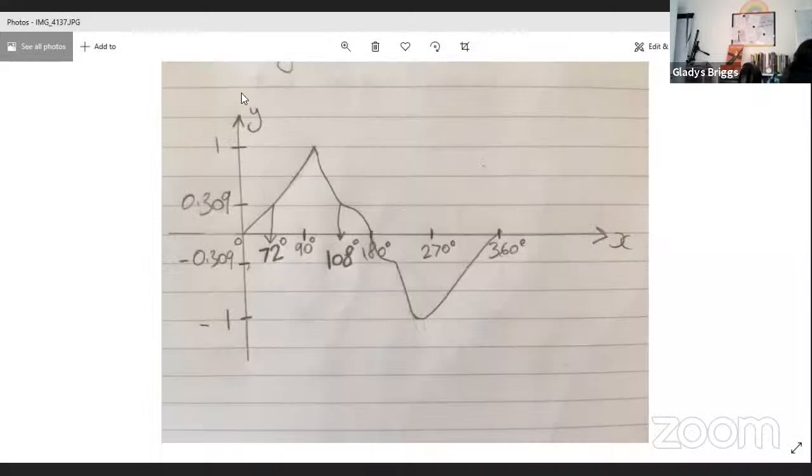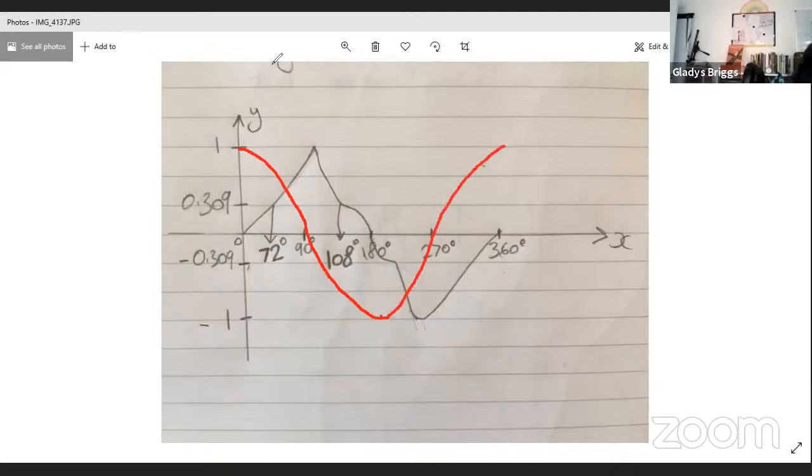I like the x-axis and the y-axis that you've drawn. But you need to remember that your cosine graph, let me annotate for you, starts from the top, cuts through 90 degrees, minimum point at 180, back up, cuts through 270, and finishes at 360.